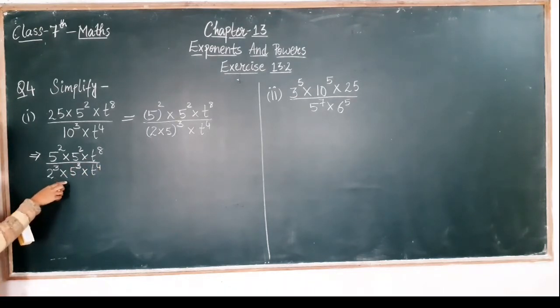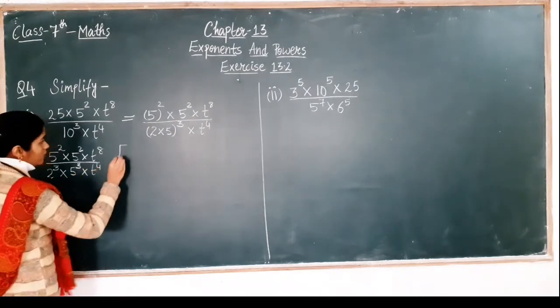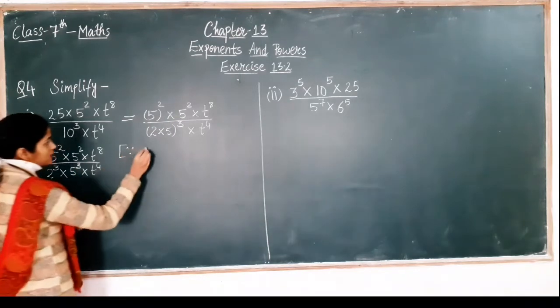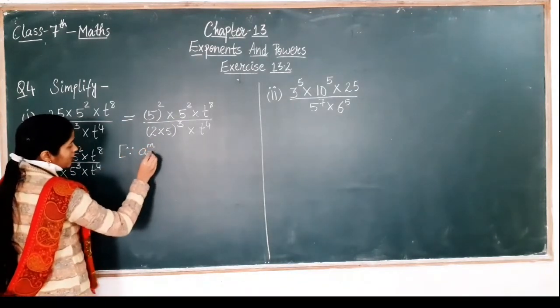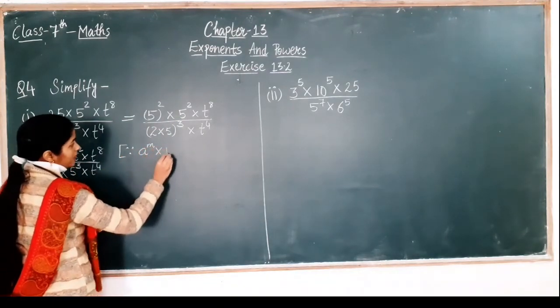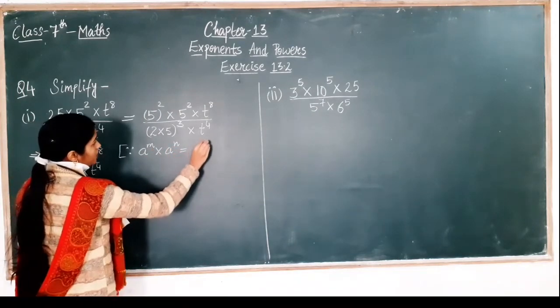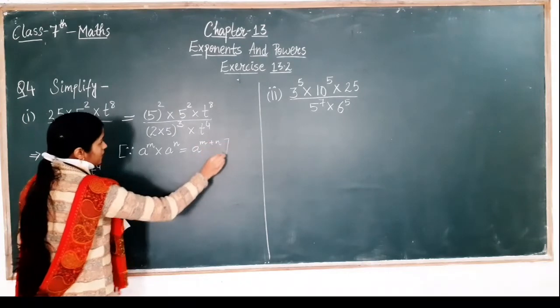Now we will be using the exponent formula. So which formula would be used? The formula would be a to the power m multiplied by a to the power n is equal to a to the power m plus n.